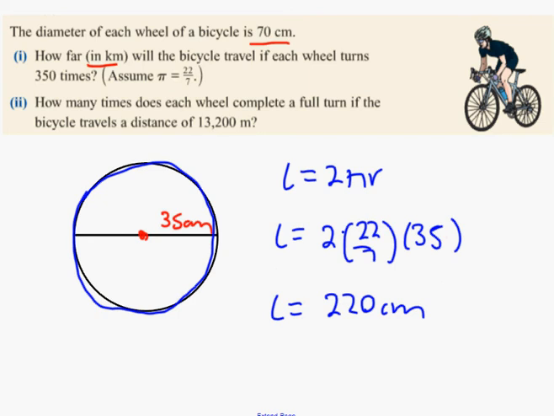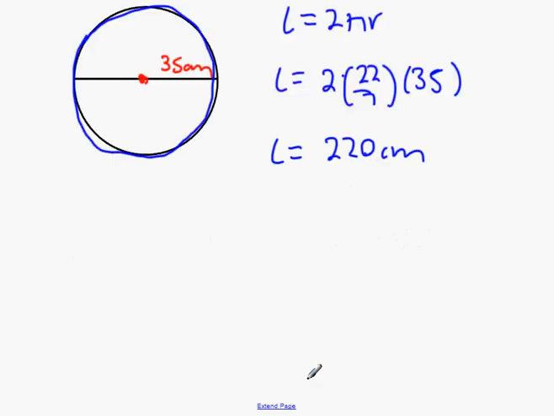Now, here's the trick. The trick is, what is 220 centimeters in meters? Is a meter bigger or smaller than 1 centimeter? It's much bigger, isn't it? So 220 centimeters is most definitely not the same size as 220 meters. Does everybody agree with that?